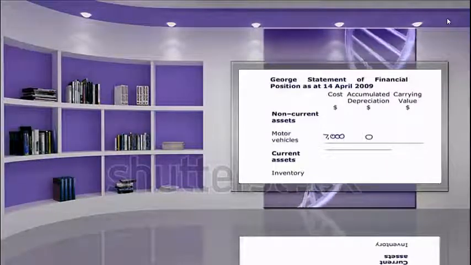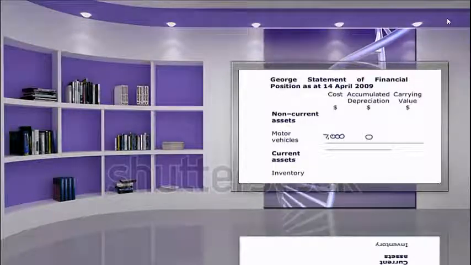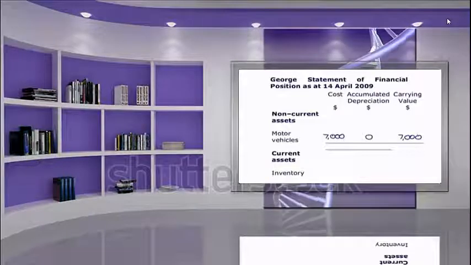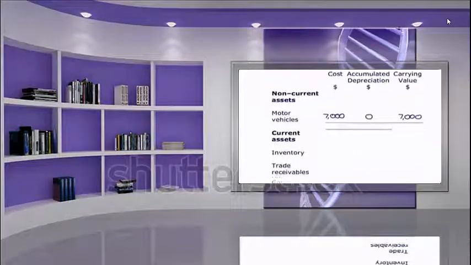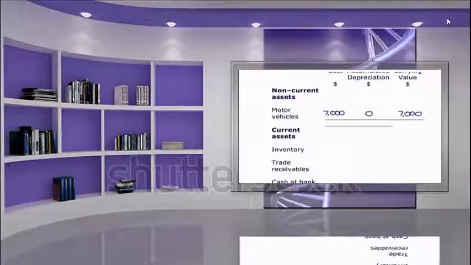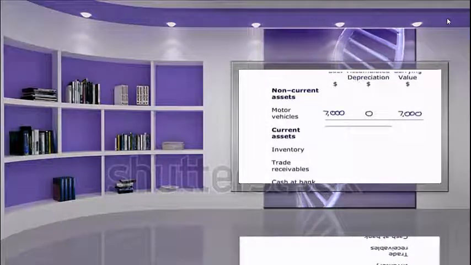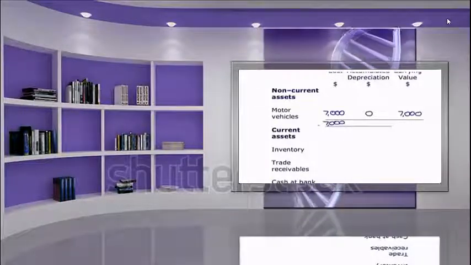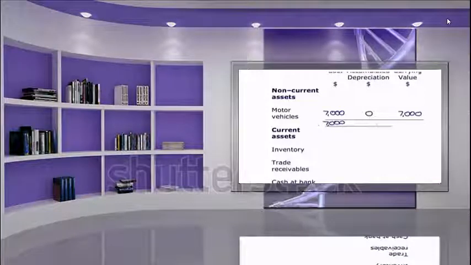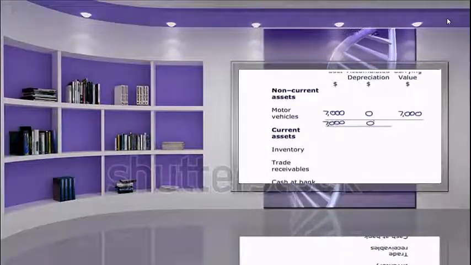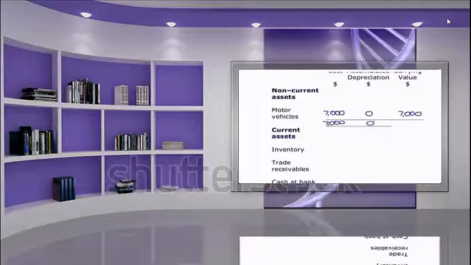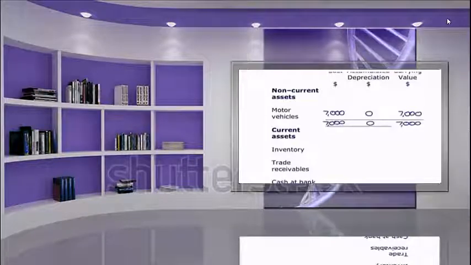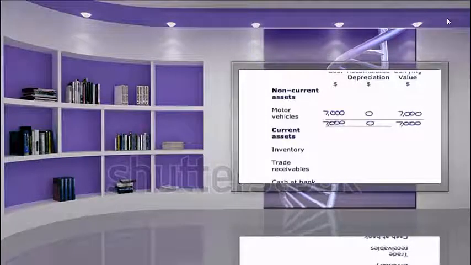So the carrying value of the asset at the end of 2 weeks is still going to be $7,000. So $7,000 is the total of the cost column, 0 is the total of the accumulated depreciation column, and then the carrying value or the book value of the asset at the 14th of April is $7,000.